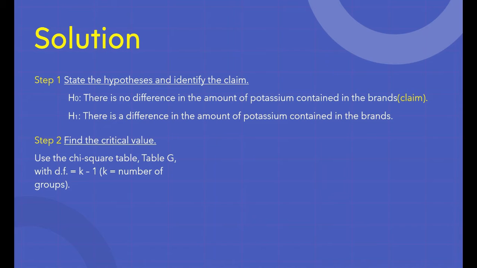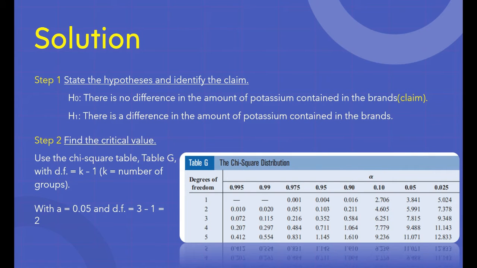Find the critical value. Use the chi-square table, table G, with df equals k minus 1, where k is equal to number of groups, with alpha equal to 0.05 and degrees of freedom equals 3 minus 1 equals 2. The critical value is 5.991.